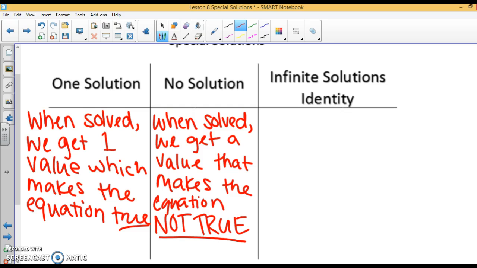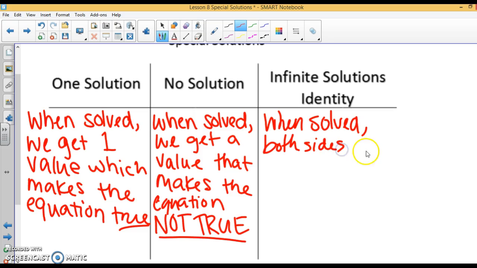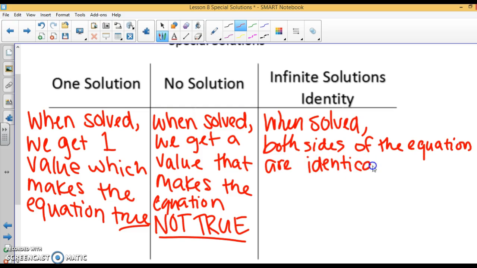So for our last one then, our infinite solutions or identity. When solved, both sides of the equation are identical or the same.